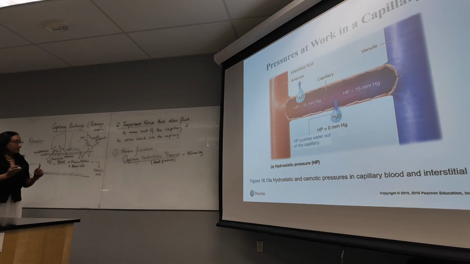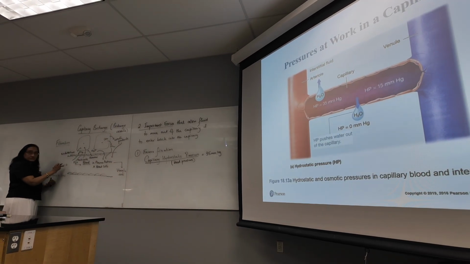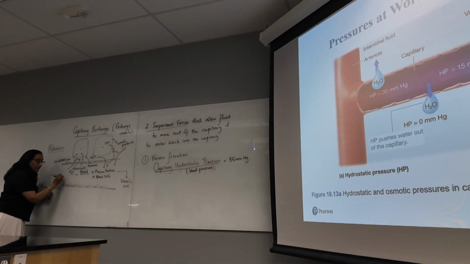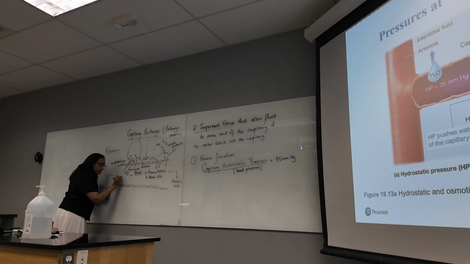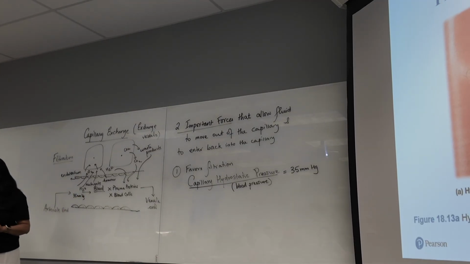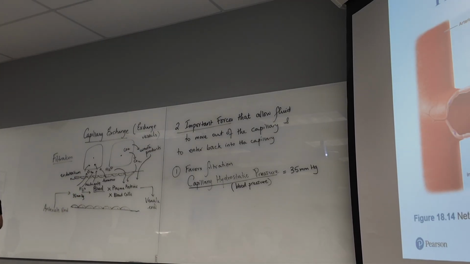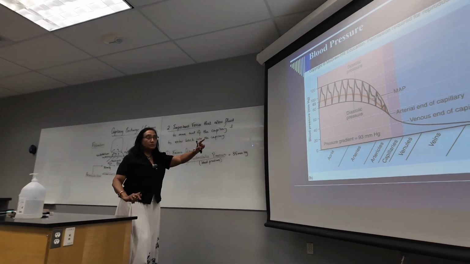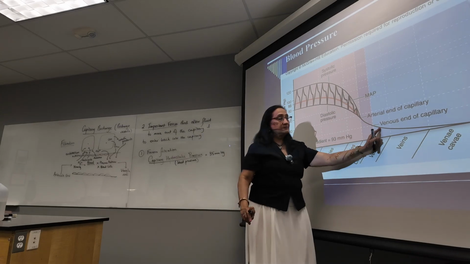Now, as blood flows from this end to this end, the hydrostatic pressure is 35 millimeters of mercury here. As it goes towards the veins, I told you what is going to happen. Venous pressure drops even further.